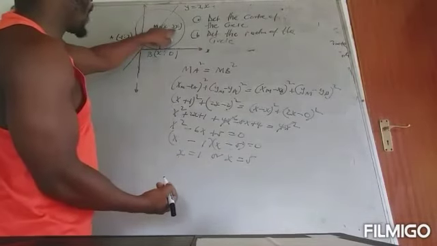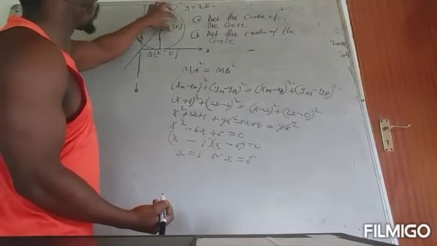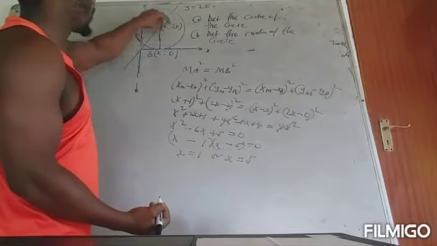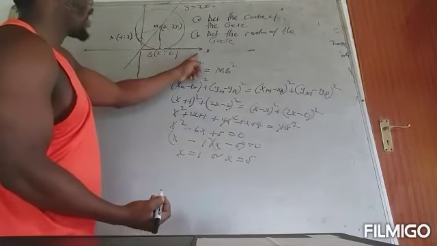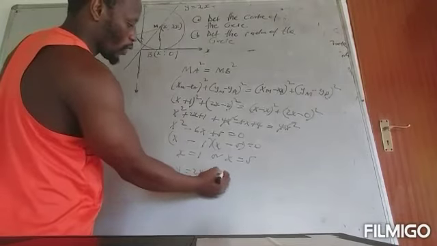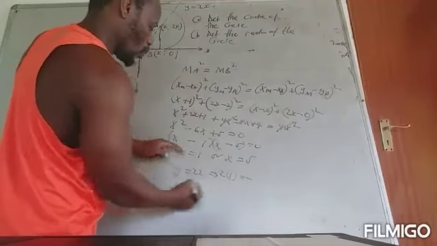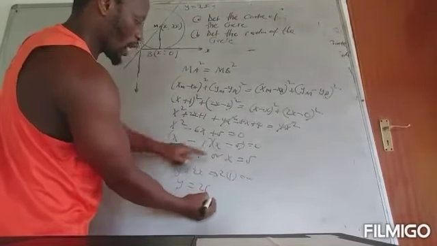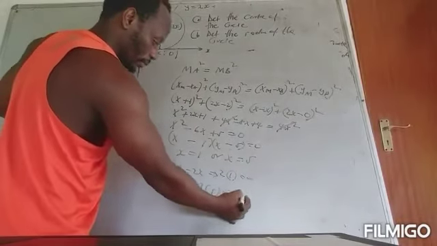How to get y? We know that the y coordinate at the center is equal to the radius of the circle, because this circle touches the x-axis. So y will be equal to 2x. It implies that 2 times 1 is equal to 2, or y is equal to 2 times 5 is equal to 10.